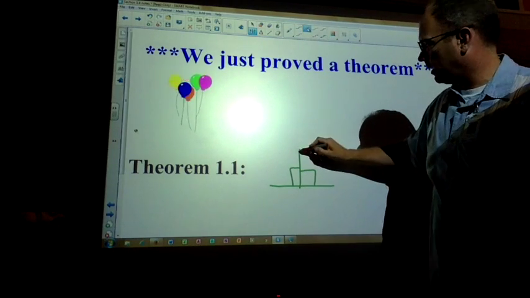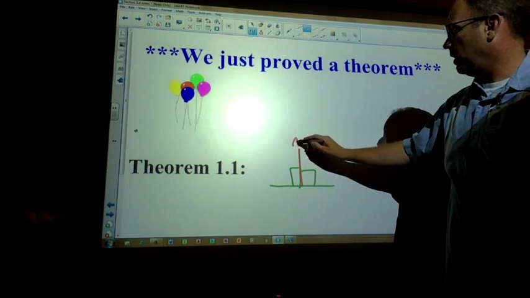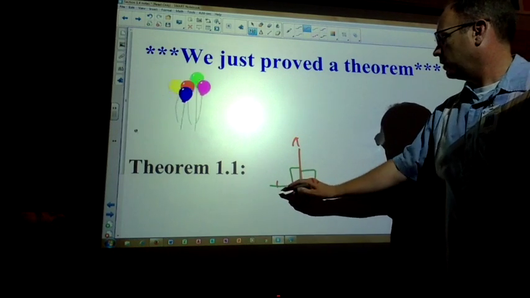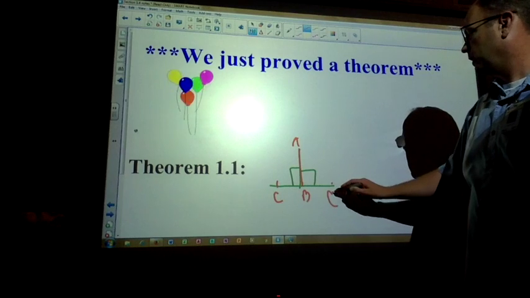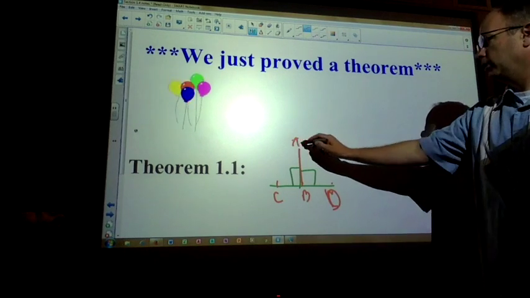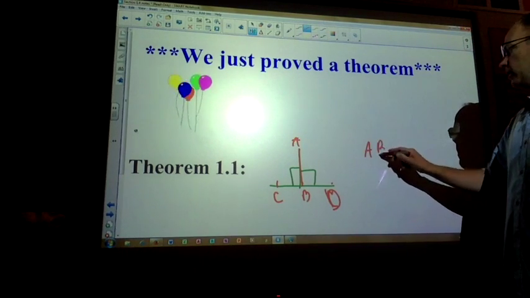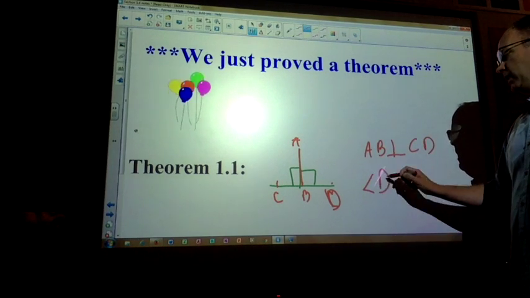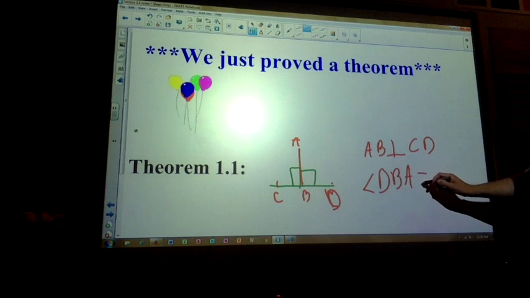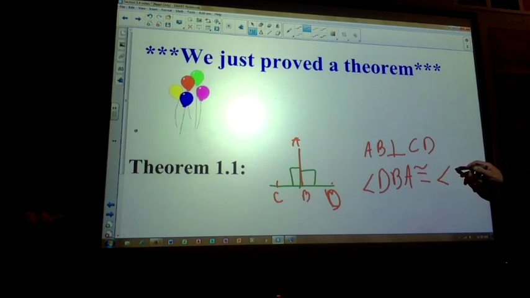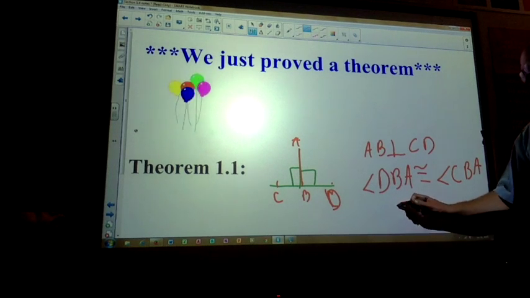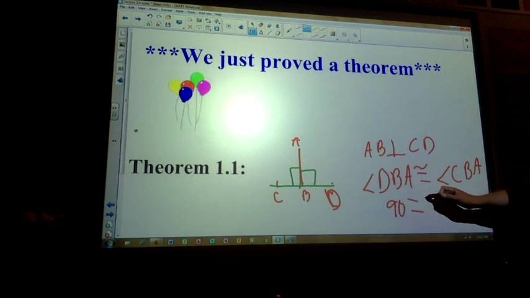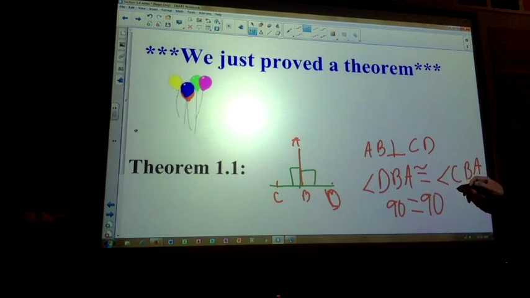If you knew that AB is perpendicular to CD, then angle DBA has to be congruent to angle CBA, which then means that you get 90 is equal to 90 for each of those angles. That's basically your theorem 1.1.